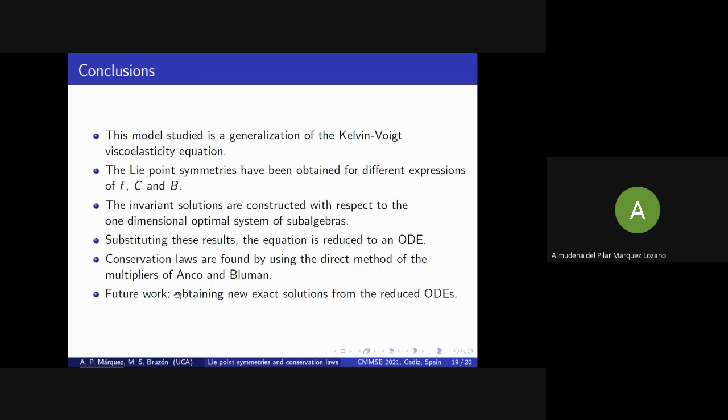And as future work, as we have reduced the PDE to several ODEs, we can find new exact solutions from these reduced ODEs. So that could be future work.